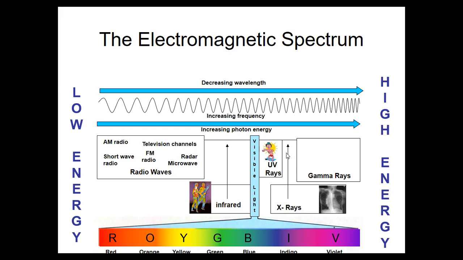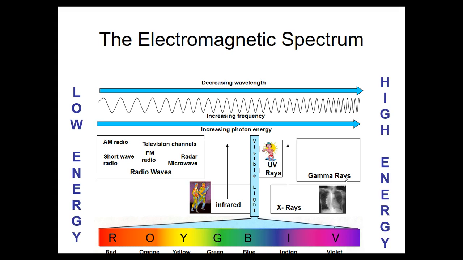At the higher energy part of the spectrum, we have UV radiation that causes us to get tan and also can cause skin cancer. We have x-rays, so when we break a leg or a finger and go get x-rays done, that's what they use to examine our bones. And then we have gamma radiation that can be used to treat cancer.